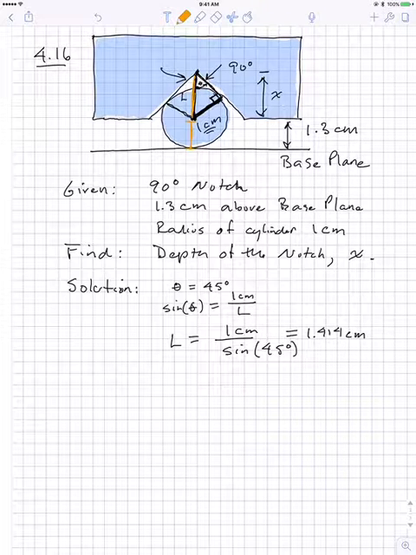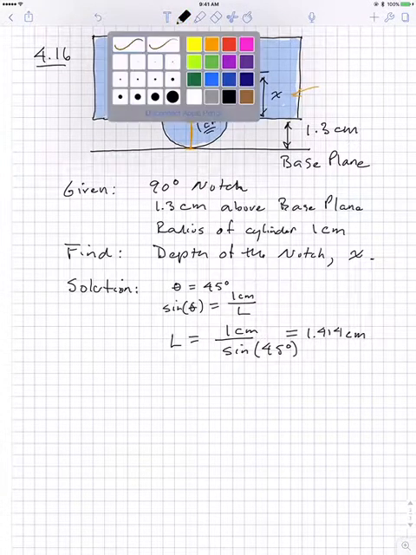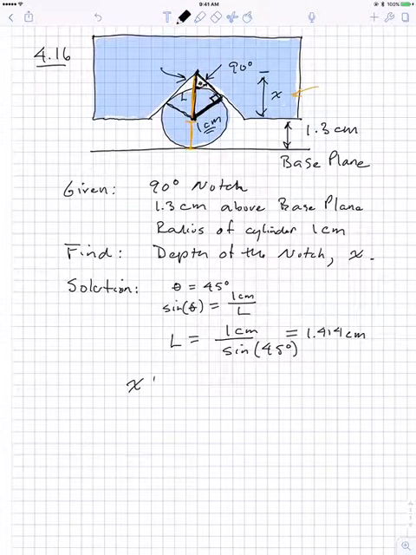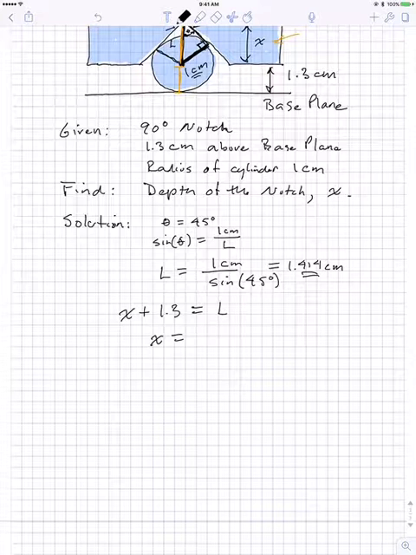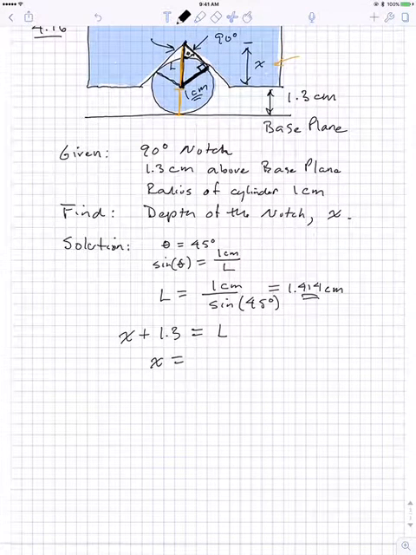Looking at this relationship, we have X plus 1.3 is equal to the length L. We already know what L is, so we can solve for X. Oh, I'm sorry, that's not L. This is L. How much is this? This is 1 centimeter, so L plus 1.